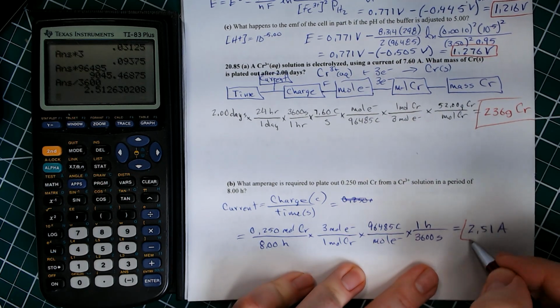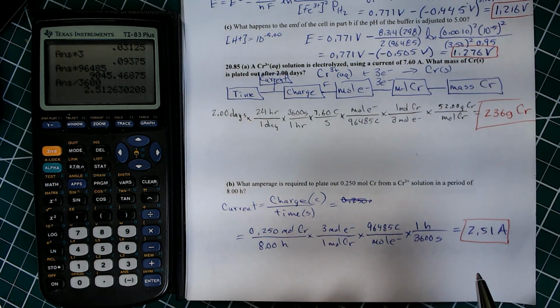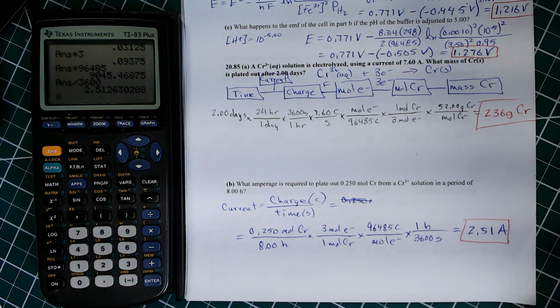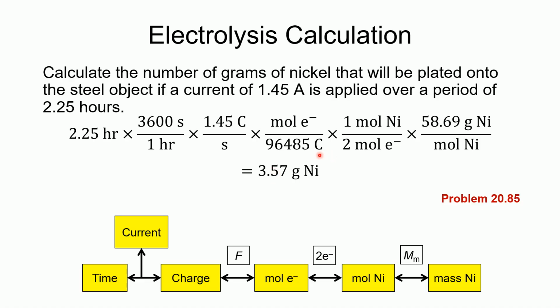So 2.51 amperes is our current. And then, go back over here, our next page is the last page. That represents the end of chapter 20. So next chapter coming up, chapter 21, and we will be done.